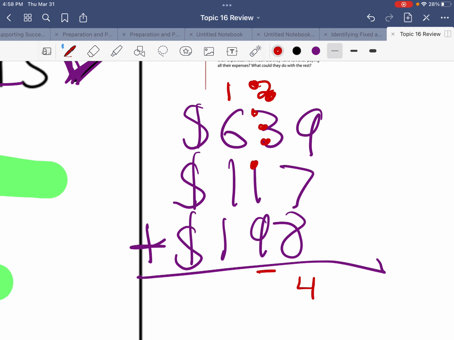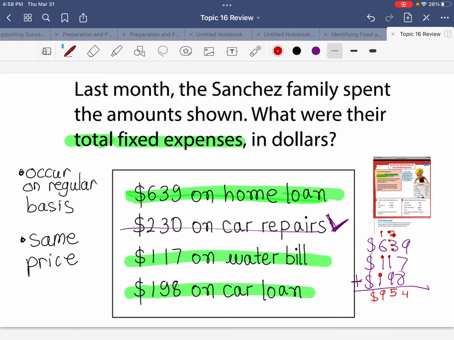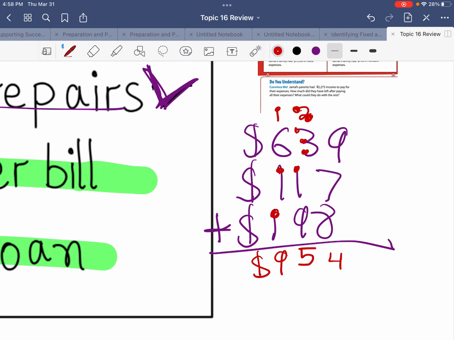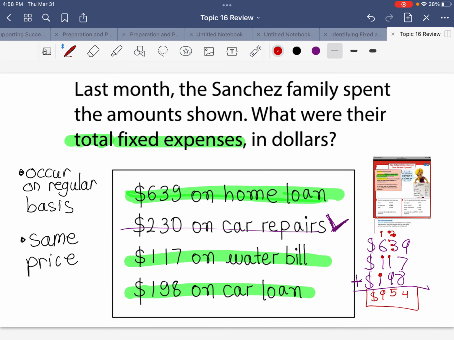Carry my 1, drop my 5. 6, 7, 8, 9. Okay, so that means for the fixed expenses, they paid a total of $954. Okay, and that is the end.